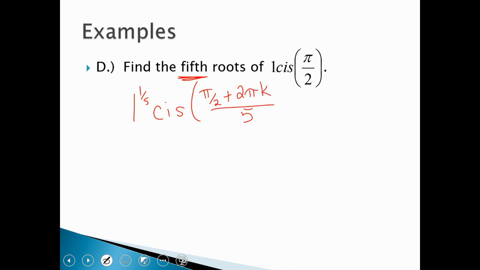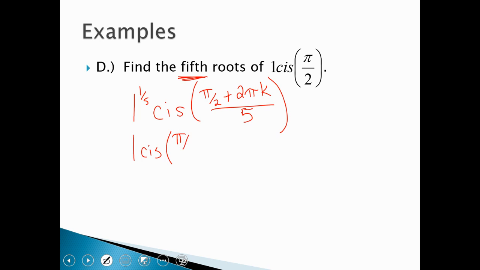Now, I didn't say this in the last one, but this k is going to be a positive integer, and you're going to get to 5. So you're going to start with 0. 1 to the 1/5 power is just 1, and then you're going to plug in 0 to that.